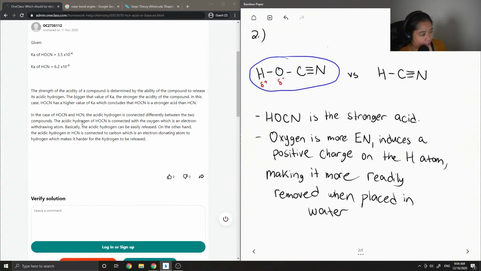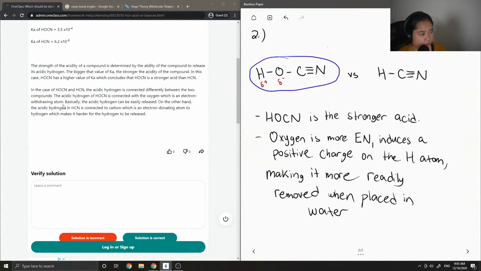Yep, so that's correct. And the bigger that value of Ka, the stronger the acidity of the compound. In this case, HOCN has a higher value of Ka, which concludes that it is a stronger acid than HCN. Yes, so that is correct as well.